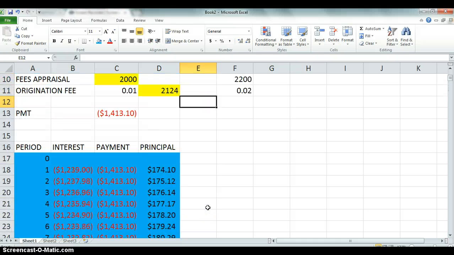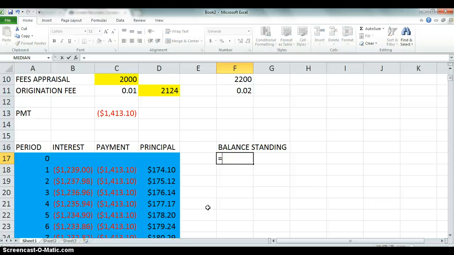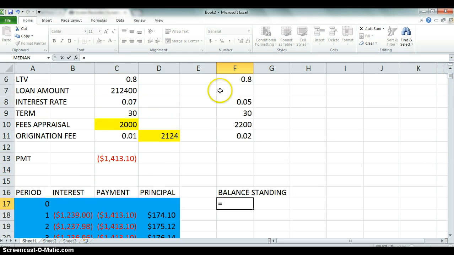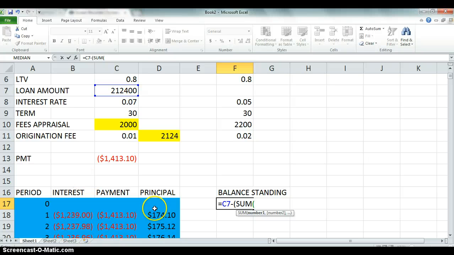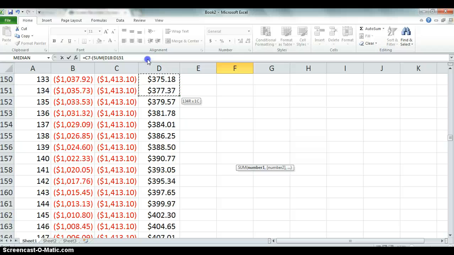So we're going to calculate the balance standing for this loan. For the balance standing, we will have the loan amount minus the summation of the payments that we have made to the principal during these 4 years.